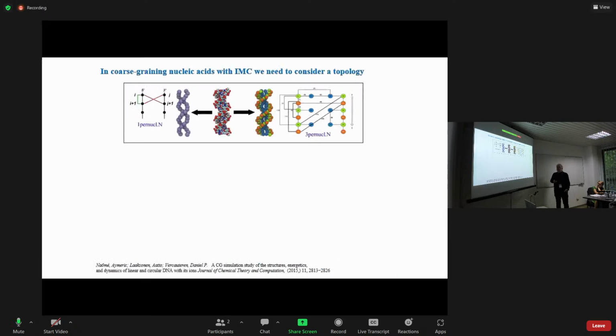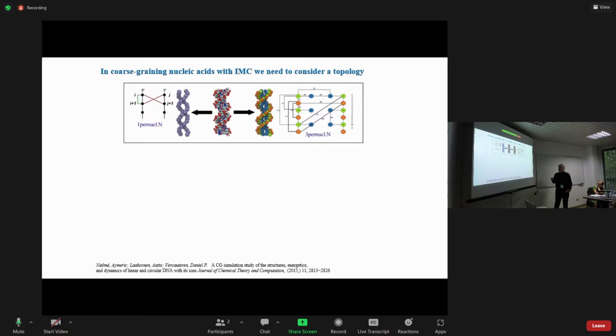If you use this method to simulate, for example, DNA, you have to decide the topology and how you coarse-grain it and so on. So this is an all-atom description of DNA, and this is a very simple coarse-grained model, where there is one nucleotide per bead.